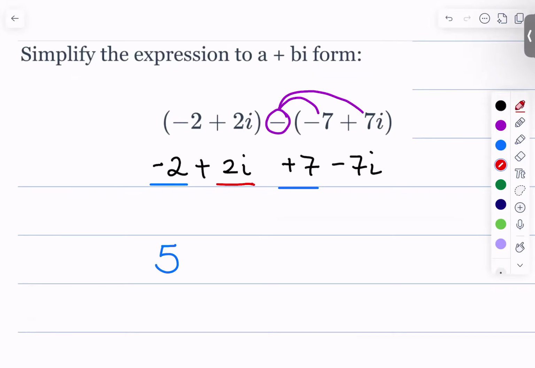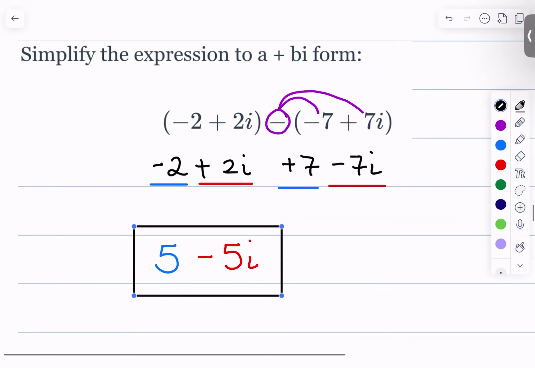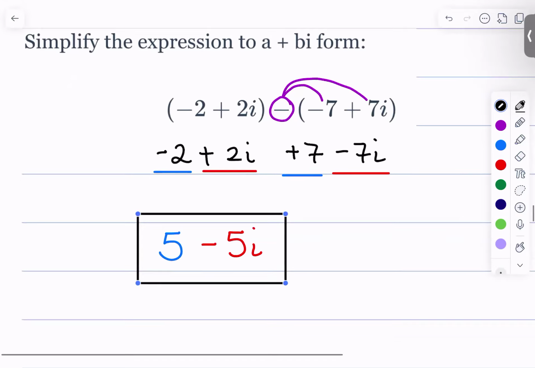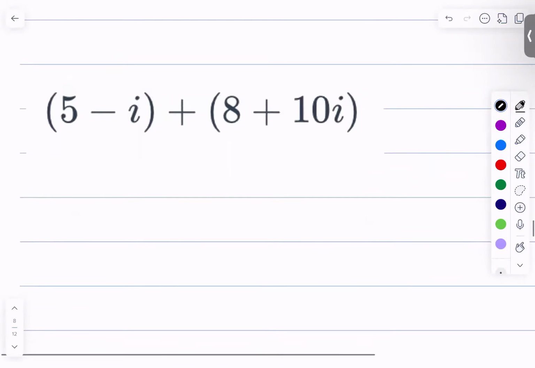And then 2i minus 7i, you get -5i. And that would be your solution there. Okay?